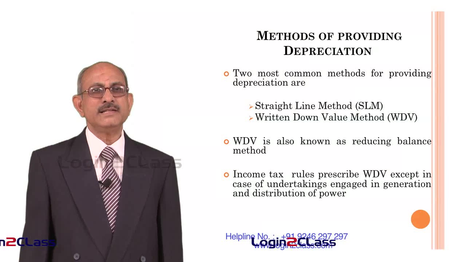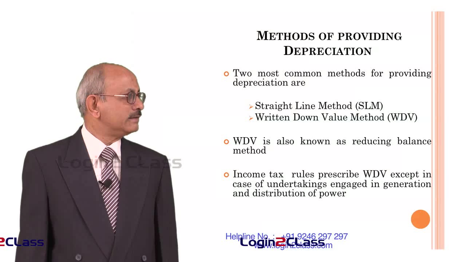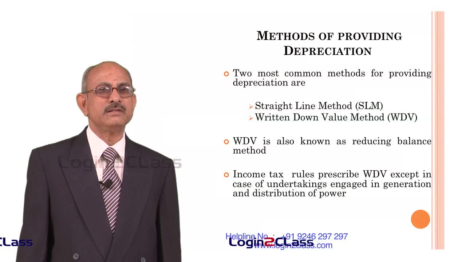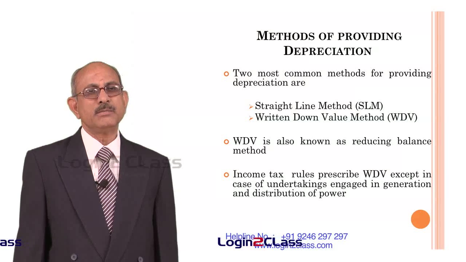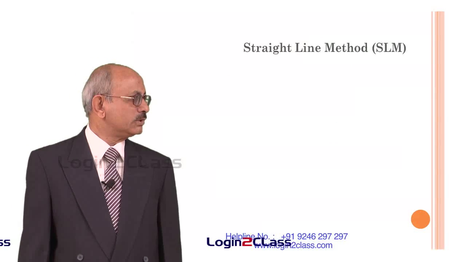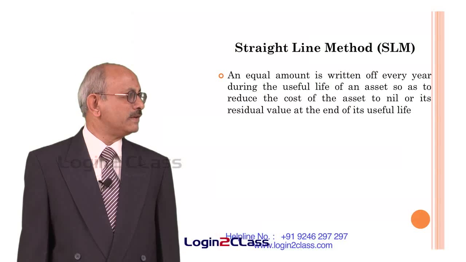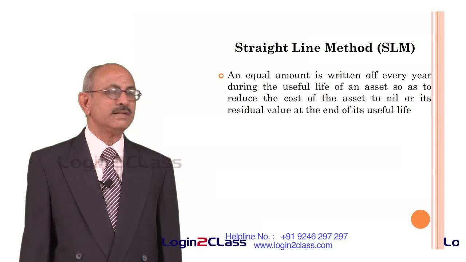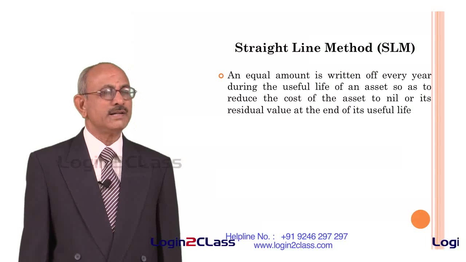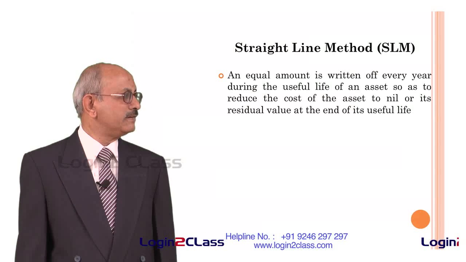Let us understand each of these methods and then go to some of the other methods which are also used by some of the entities. So, let us start with the straight line method. An equal amount is written off every year during the useful life of an asset, so as to reduce the cost of the asset to 0 or its residual value at the end of its useful life.